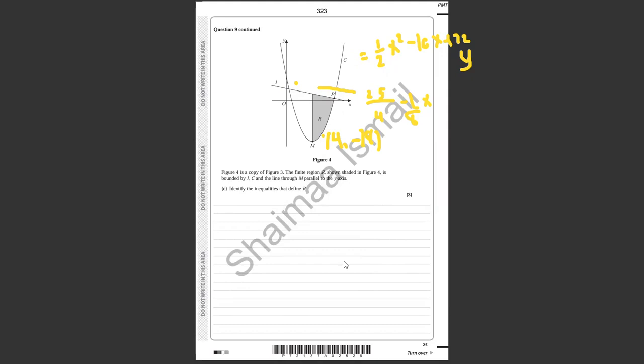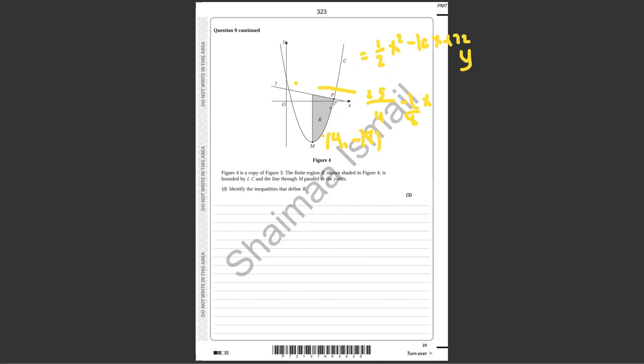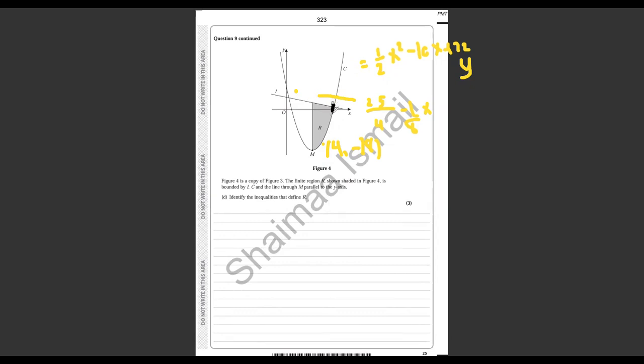Here what we do is just apply these equations. For the curve, the y will be greater, so say y is more than or equal to half x squared minus 10x plus 22. And we did the first equation.